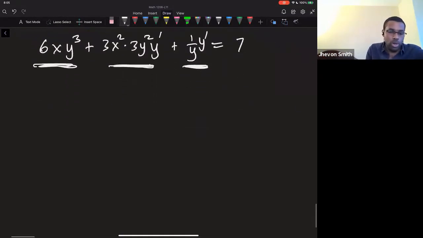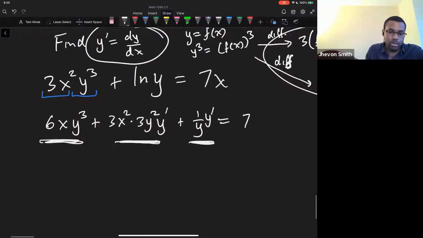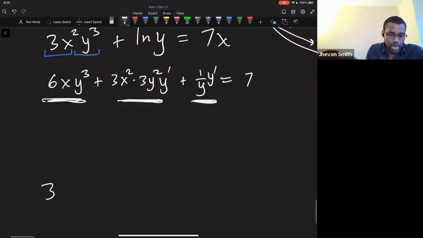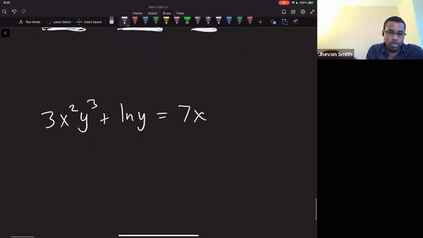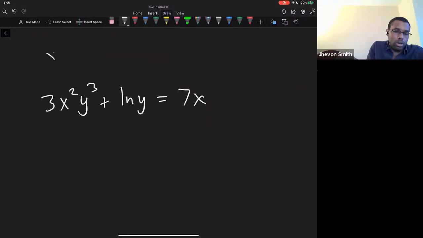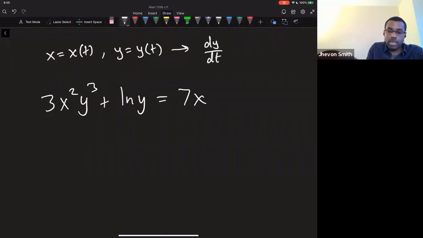So what if I had said something like, let's do this same problem, but now suppose your x is a function of time and your y is a function of time, and I ask you to find, say, dy dt, right? So now your x itself is also a dependent variable.